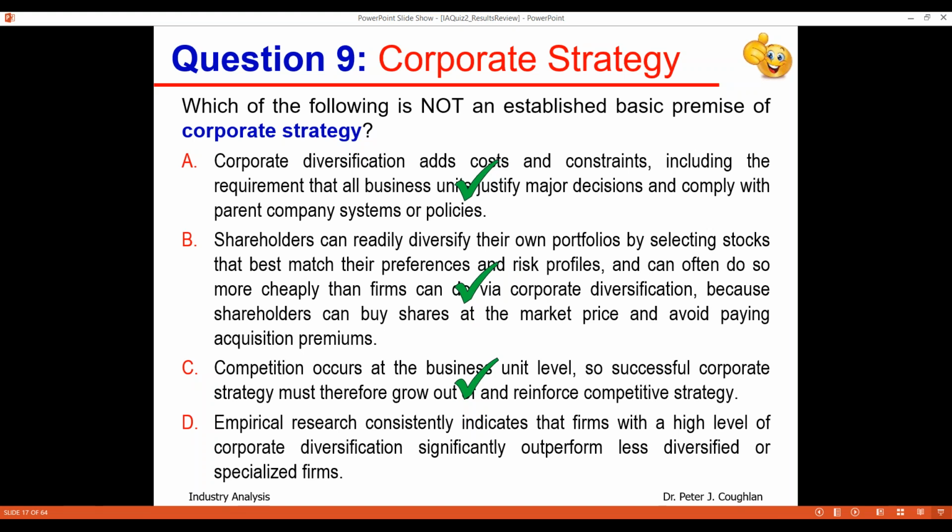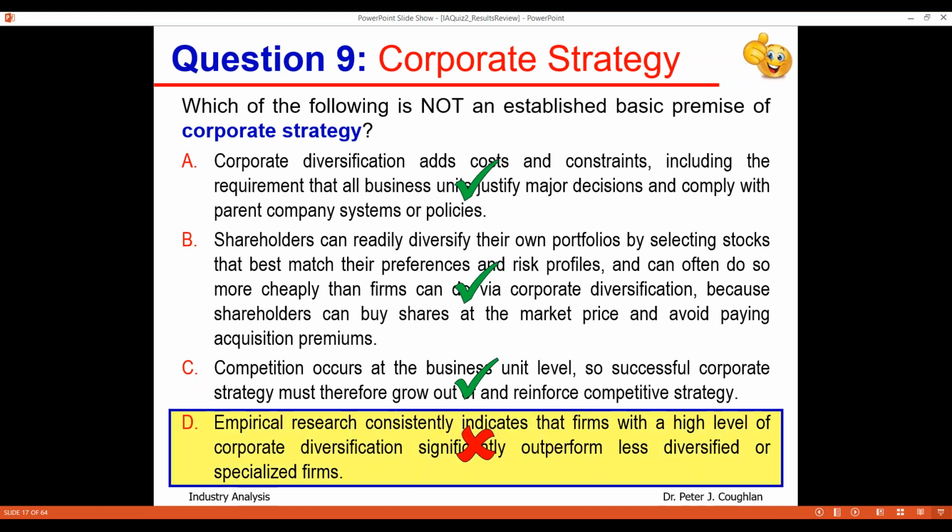The bottom line is it's clearly not the case that they consistently indicate that highly diversified firms outperform. In fact, it may, if anything, be U-shaped. There might be some benefit to minimal diversification, but significant diversification actually results in underperformance. So that is not a true statement. That is not an established basic premise of corporate strategy, and therefore the answer is D.